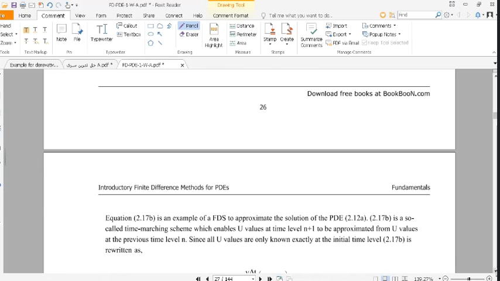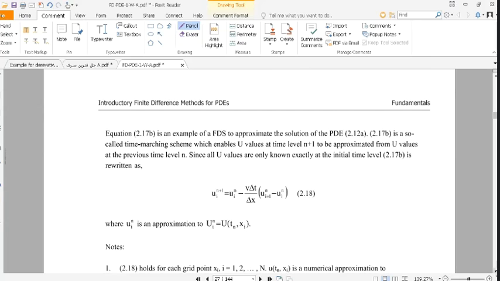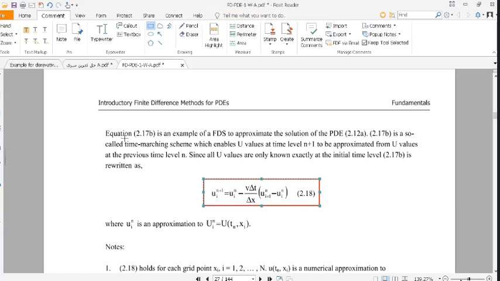This is the scheme for solving this PDE. By using this scheme, we can solve this PDE approximately. This method is called the time marching scheme.